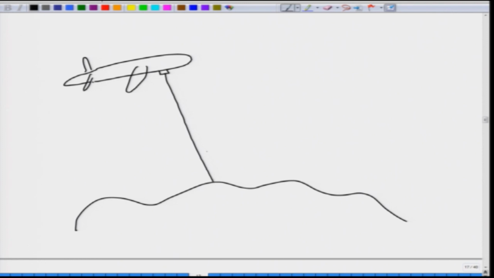The light is interacting with the surface and then it is getting reflected back, and then it is detected using a detector. Now, to know the locations of all these different points on the surface, you require kinds of data. One is the exact position of the aircraft when this laser beam was shot and when this laser beam came back.